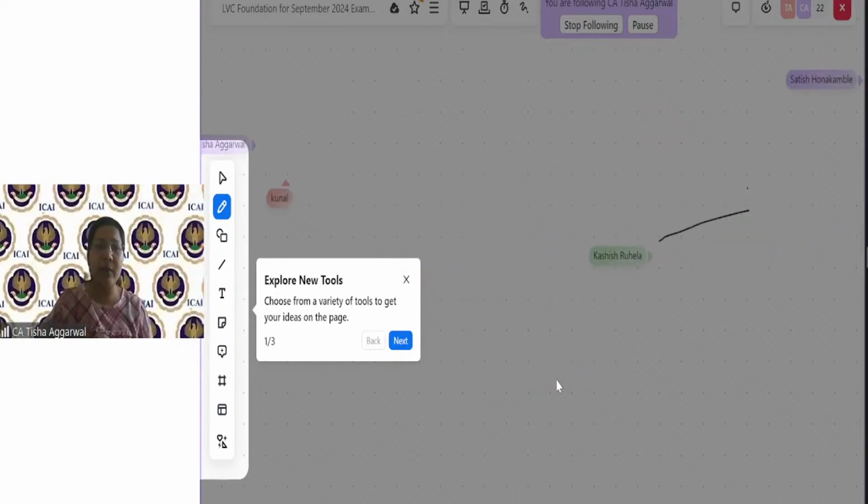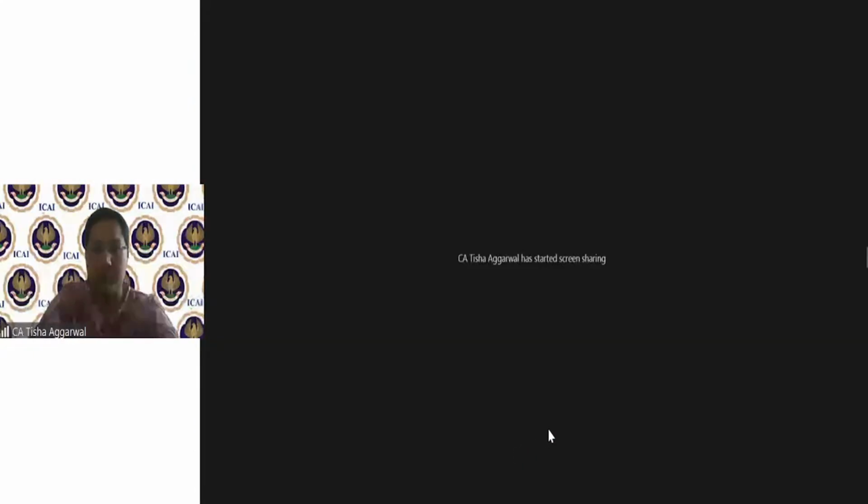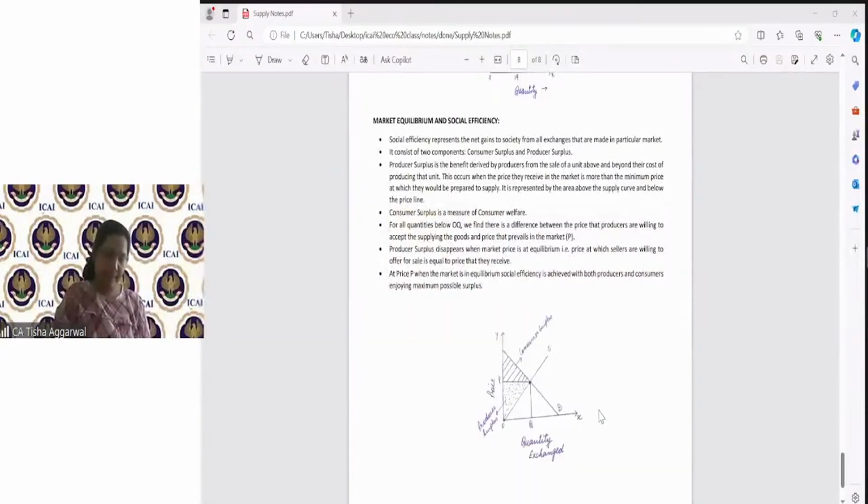What I would request all the students is this: kindly take out a paper and write all the formulas of elasticity, the proportionate percentage change in demand formula. Do it right now, please, so that I can come back for the questions. Can all of you write the percentage demand formula right now?